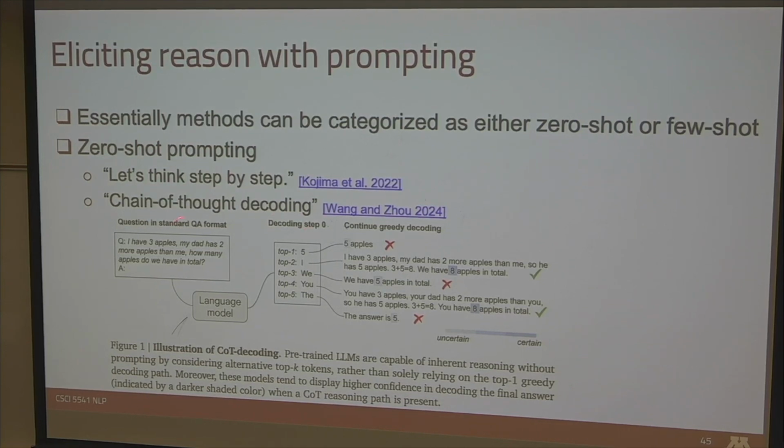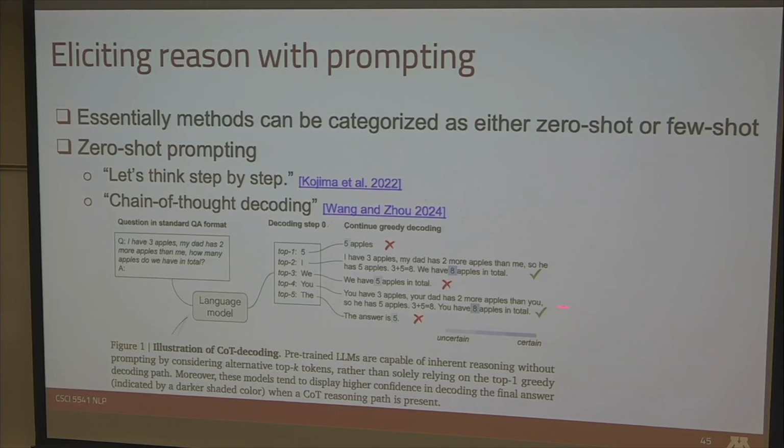Or more recently, this paper talks about chain of thought decoding. Again, this is nothing more than just decoding the generations. But at step 1, we take the top 5 most likely words, and then we continue greedy decoding for each of these 5 tokens. And they found that the language models will generate CoT reasonings.